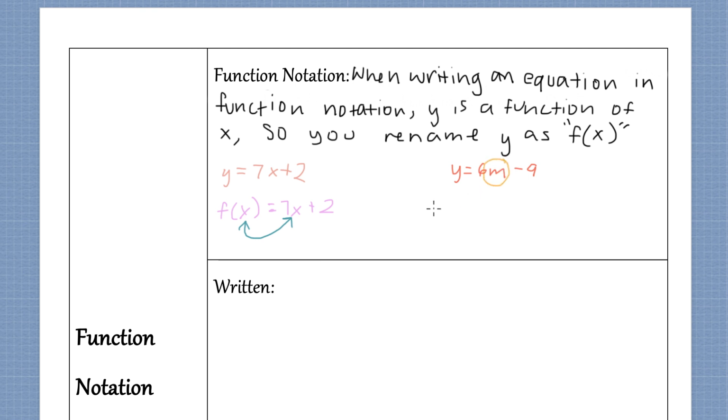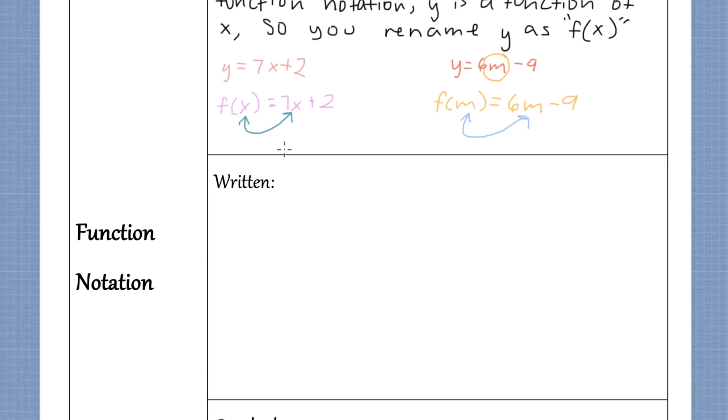So when we write our new equation in function notation, it will not have the variable x in it. It will instead have the variable m. So we're going to write f of m is equal to 6m minus 9. It's very important that these two variables right here always match with each other.